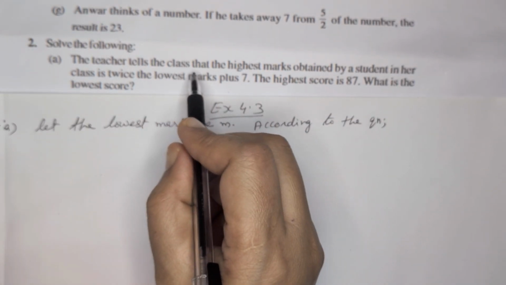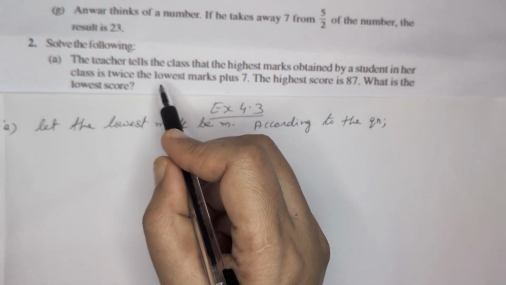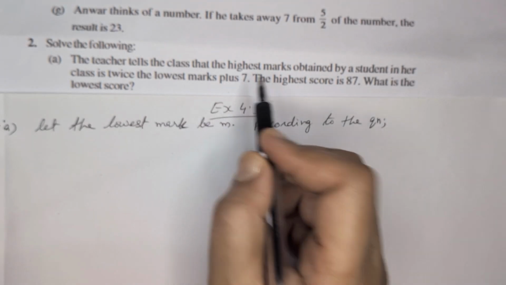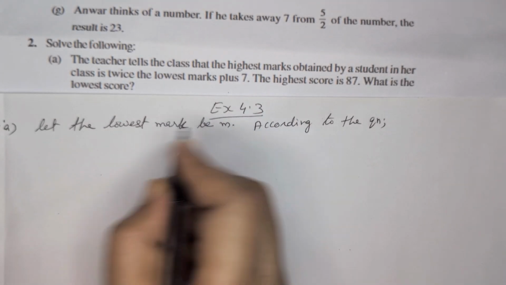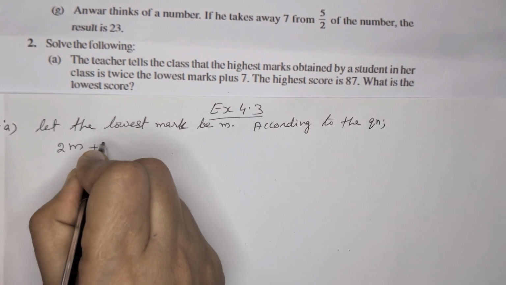The highest marks is twice the lowest marks plus 7. Lowest mark is M. Twice the lowest mark plus 7.